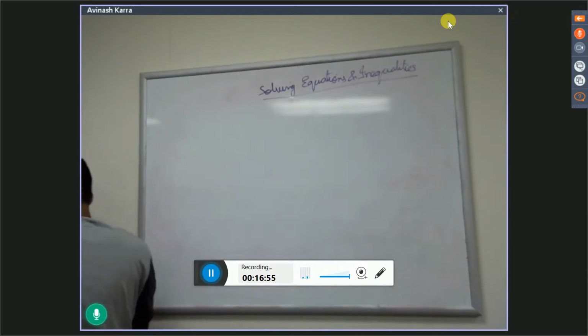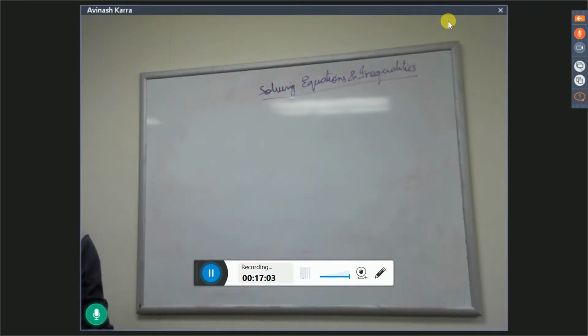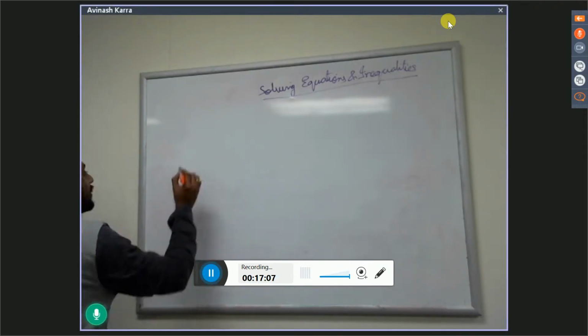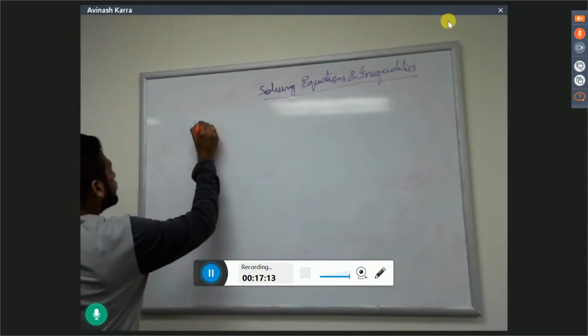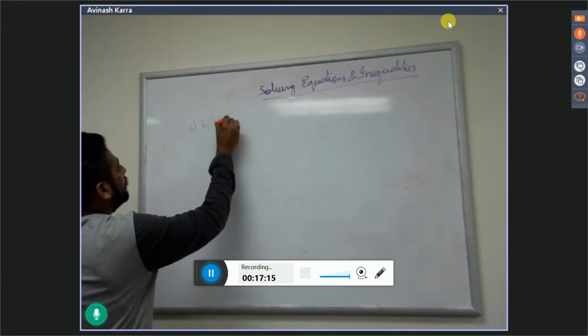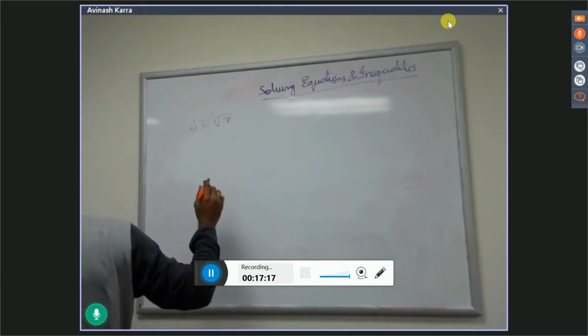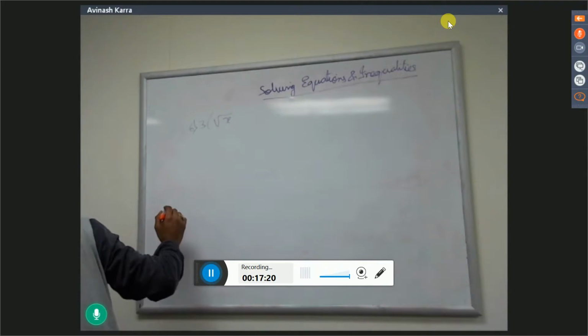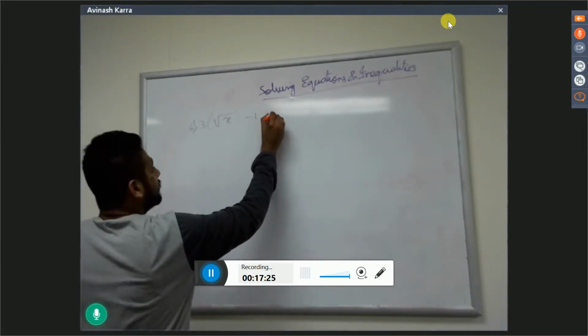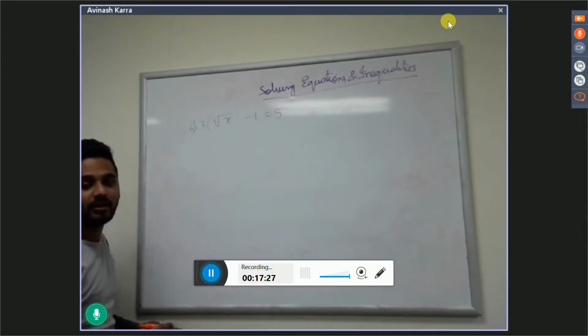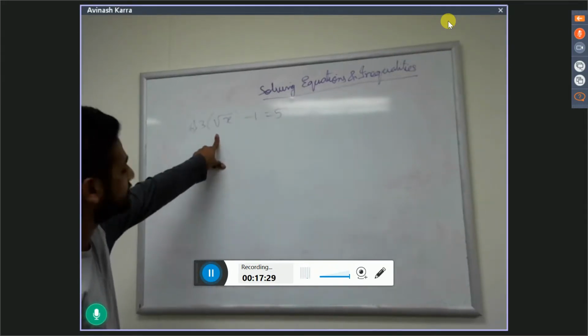Let's take one more. It has some complexity. It's 3 under root x, minus 1, is equal to 5. Is it clear?